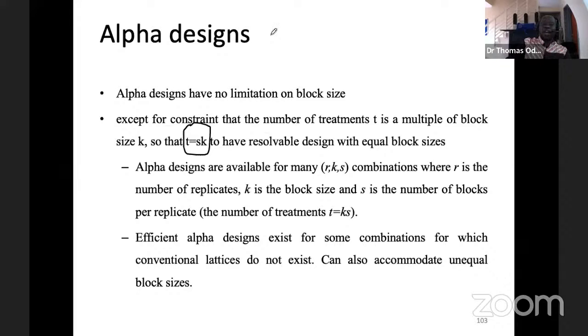So if I have 100 treatments, then somehow these 100 treatments should be related to S and K. If my block size K is equal to 10, that means S should also be equal to 10.